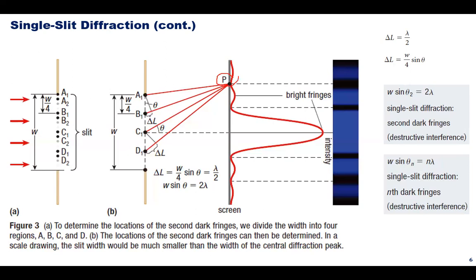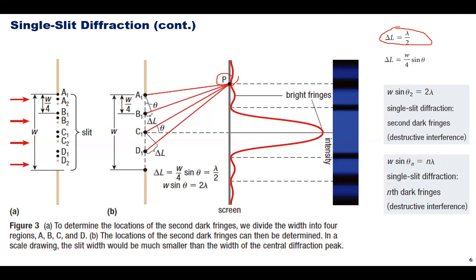Suppose the path length difference for Huygens waves from A1 and B1 is delta L equals 1/2 of the wavelength lambda. So delta L equals lambda over 2. So these waves interfere destructively, right? The path length difference for C1 and D1 has the same value.